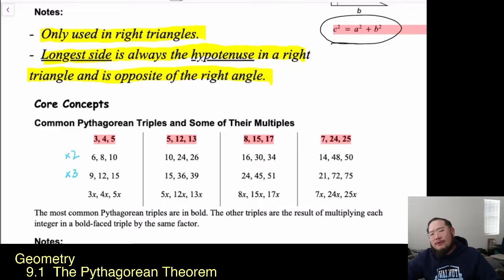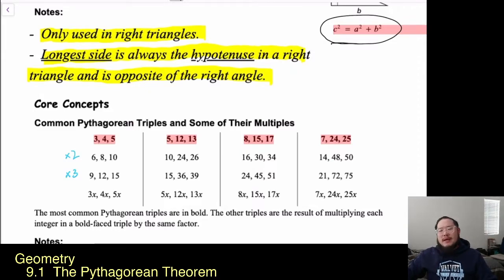But if you start with 3, 4, 5, you can figure out that, hey, maybe 9, 12, 15 happens to be a Pythagorean triple, because I can multiply 3, 4, and 5 by 3. And so you'll see that same pattern repeated in the little diagram right here.